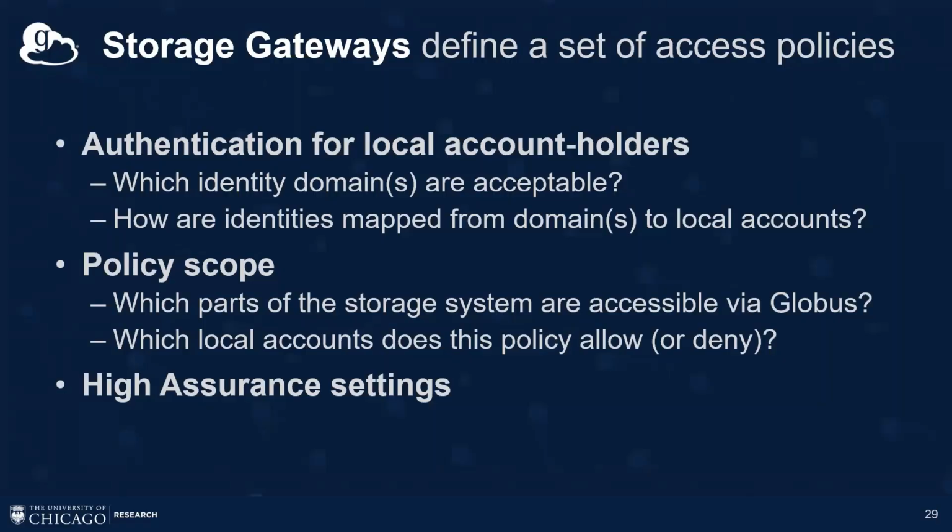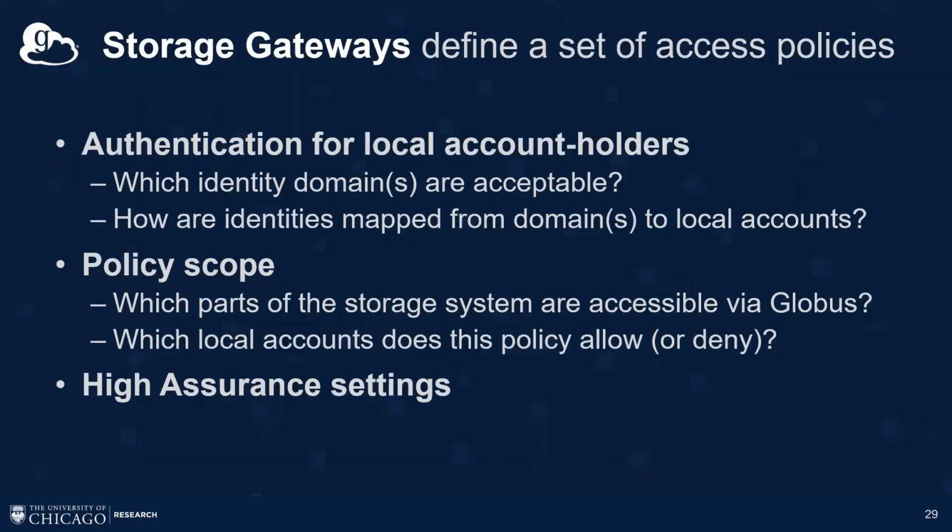The high assurance setting is immutable. It has to be applied to a storage gateway at creation and cannot be changed. So you cannot start with a regular storage gateway and then later update it to be high assurance. You have to create it as high assurance, and you cannot downgrade either. So that's important.